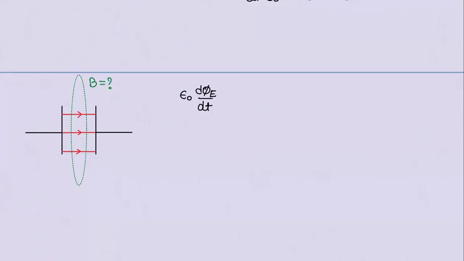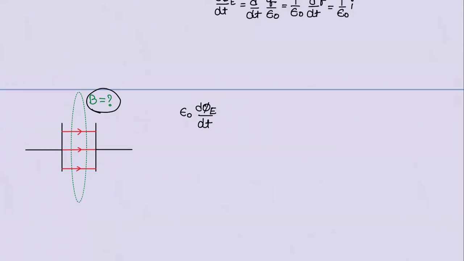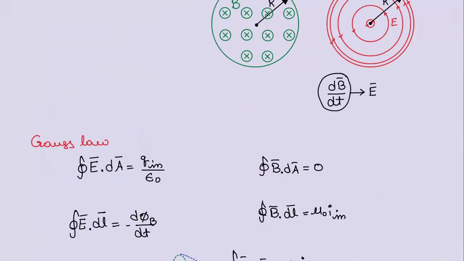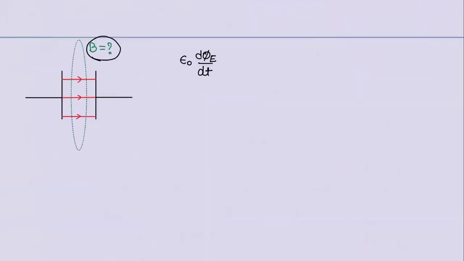This magnetic field is created because of change in electric flux. Check what we discussed at the beginning. Changing magnetic field will create electric field. Here, changing electric field is creating magnetic field.